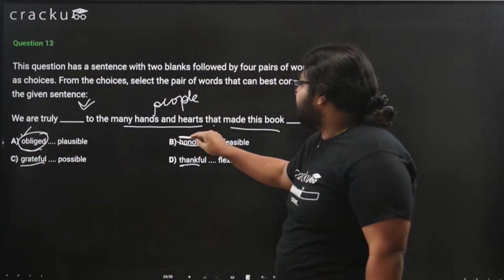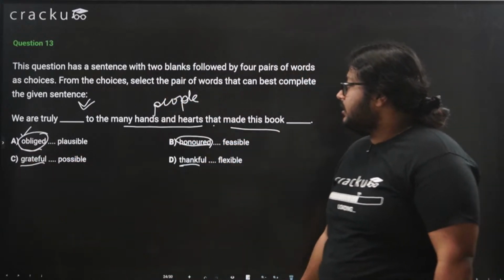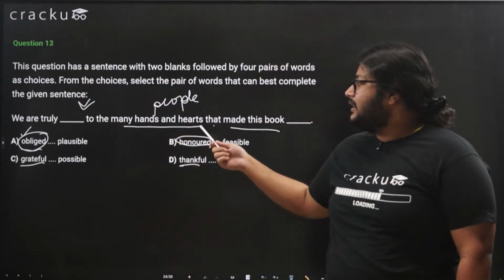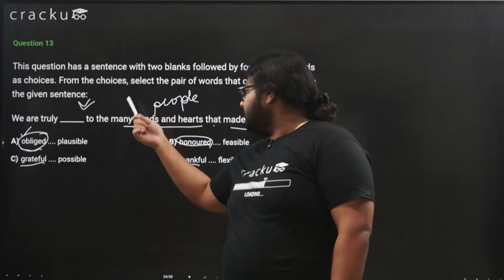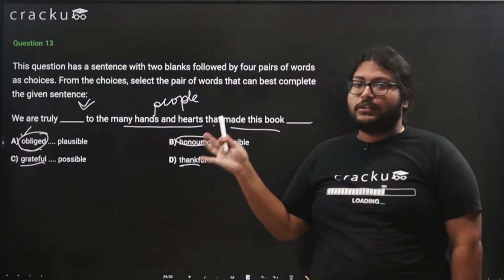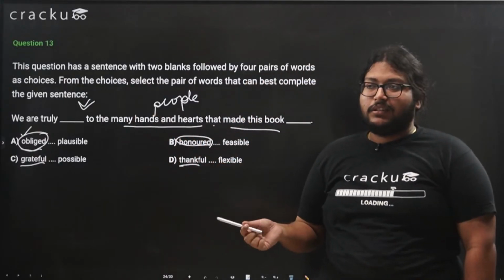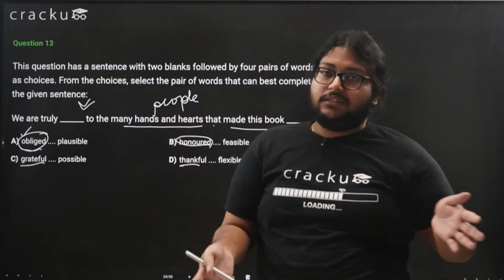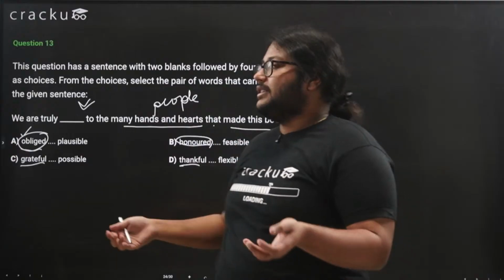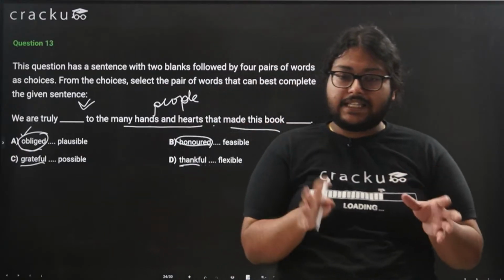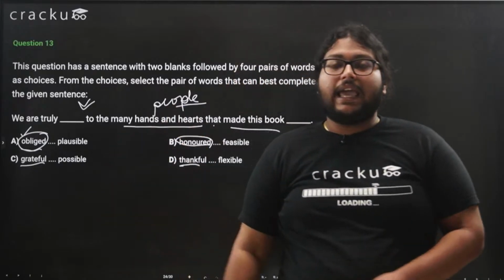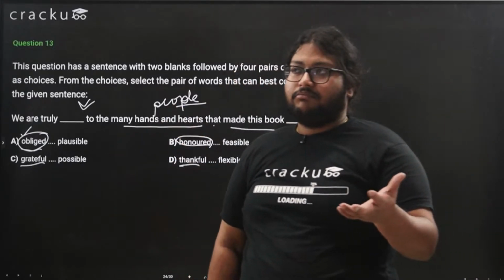But honored, we are truly honored to the many hands and hearts. Like we are truly honored to the many people that have made this book. That doesn't make sense. From the context, this book has been an effort of all these people and we are thankful to them.